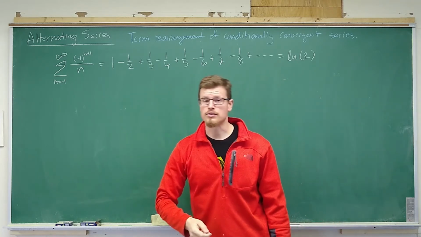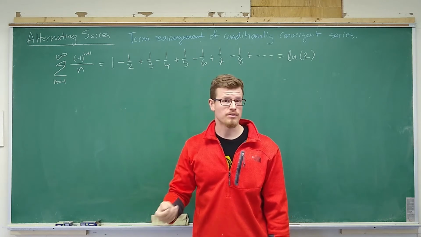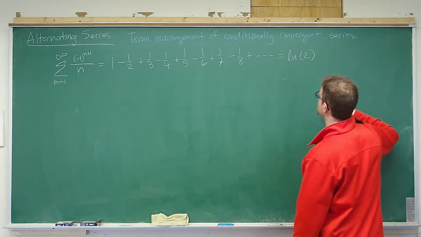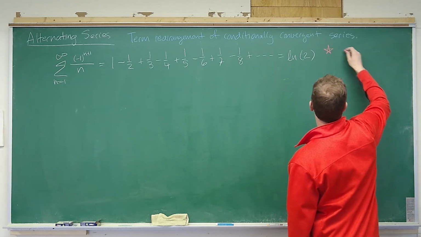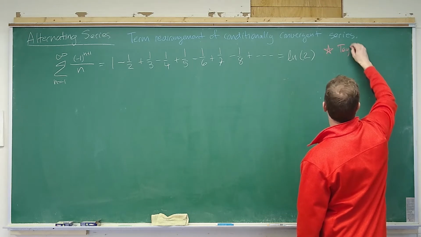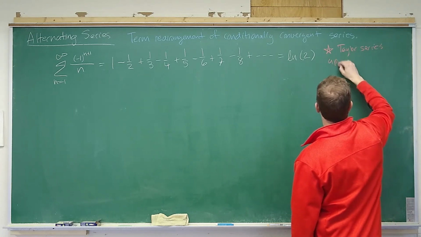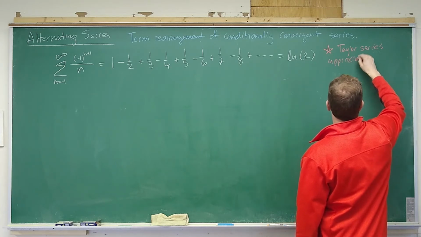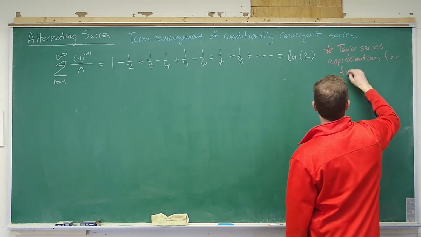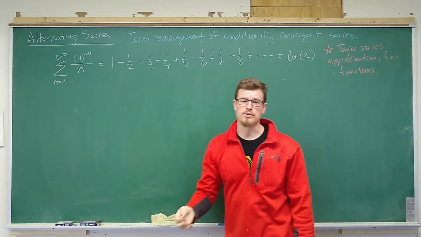I would not expect you to know that right now, unless you're considering this video as a review and you already have a good knowledge of calculus content. So this can be observed after a discussion on Taylor series approximations for functions, or Taylor series representations.